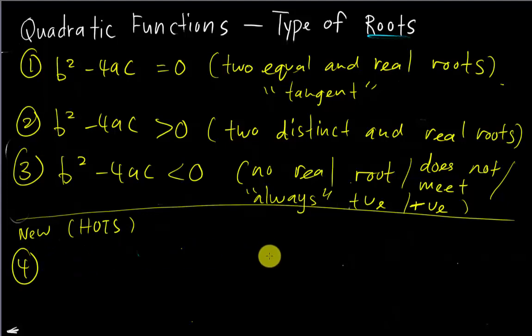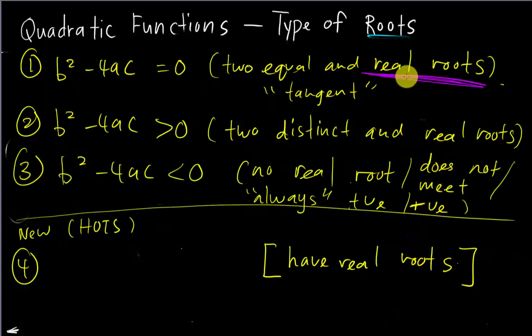If the question says have real roots, it doesn't tell you whether it is 2 equal real roots or 2 distinct real roots. When they are equal, they have real roots. When they are bigger, they have real roots also. So if you see the words have real roots only, you have to join both symbols: b squared minus 4ac bigger than or equal to 0.